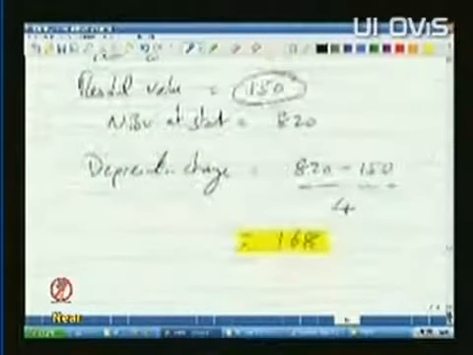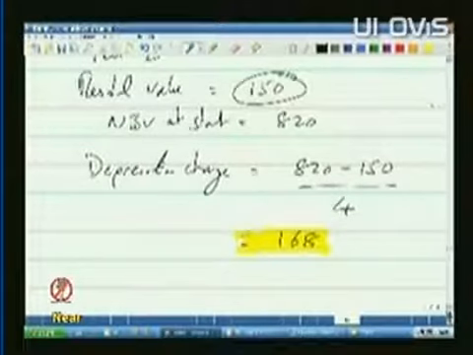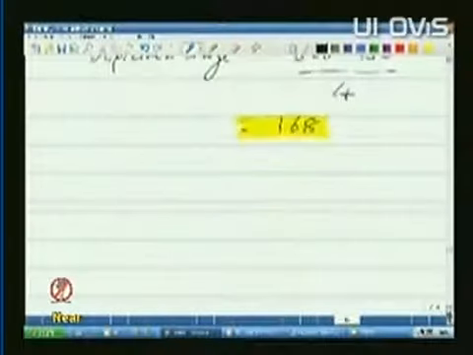So its current carrying value is 820, which was the 1,000 minus the 180 that we'd already charged. So you get 820 minus the 150 residual value over the remaining 4 years, which gives us a depreciation charge in year 2 of 168. Okay? Right, let's just do one more year just to make sure that you are happy.